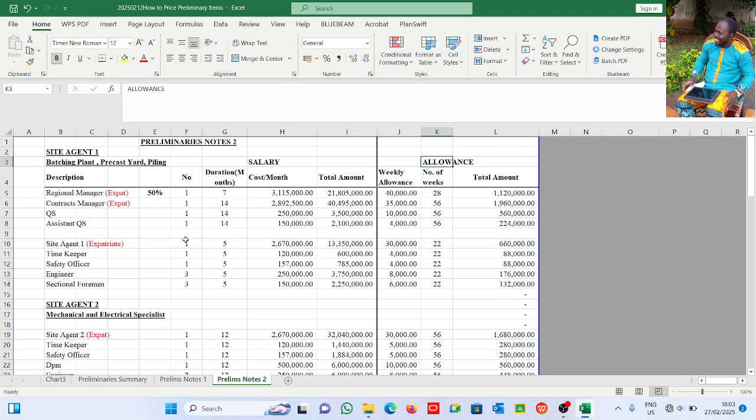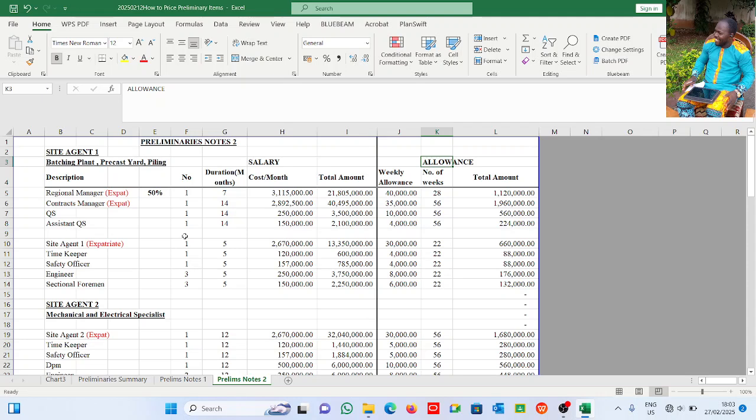Now B2CL has expatriates that they use for their work. This particular project they have at hand, they'll be needing a few of them. Some of them may be staying throughout the project duration, while some may just stay 6 months. Take for instance the regional project manager. He has maybe 4 projects around that particular region. He is not going to be on your site for long.